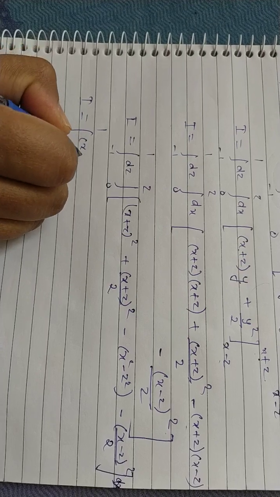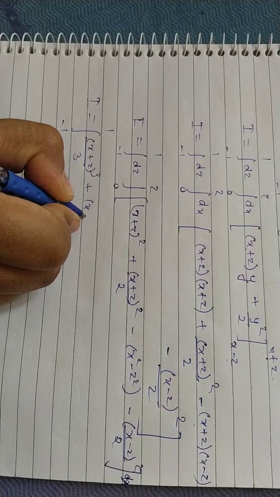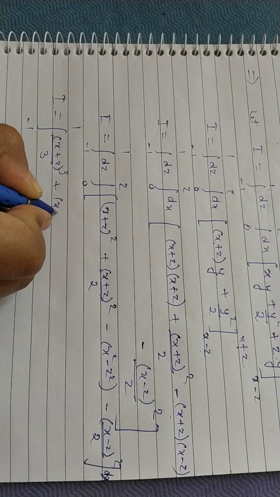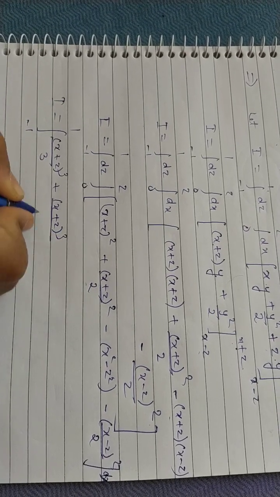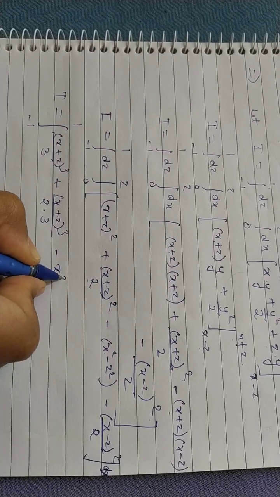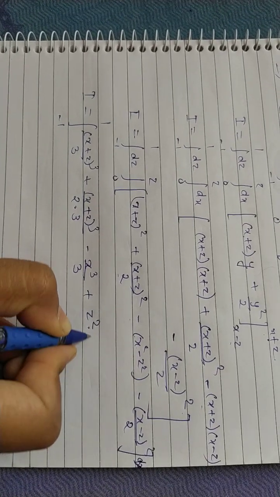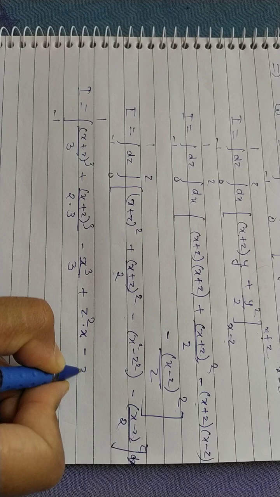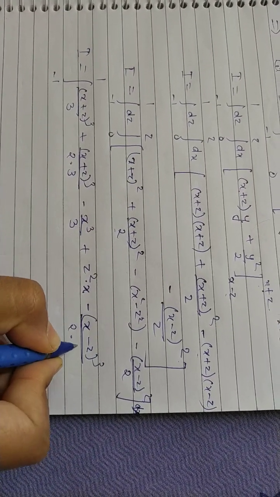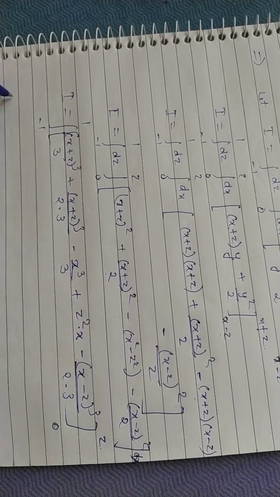Integration of (x plus z) square is (x plus z) cube upon 3, plus here (x plus z) cube upon 2 into 3, minus integration of x square with respect to x, x cube by 3, minus minus plus z square constant, integration of dx is x, minus (x minus z) cube upon 2 into 3. Limits from 0 to z.